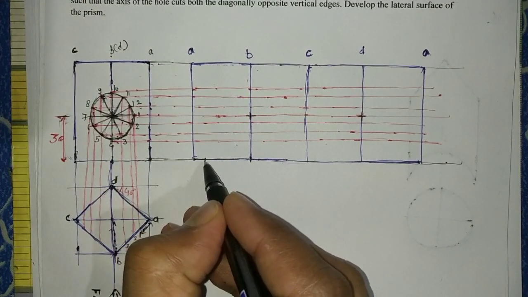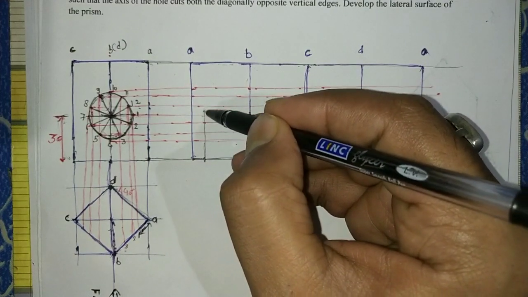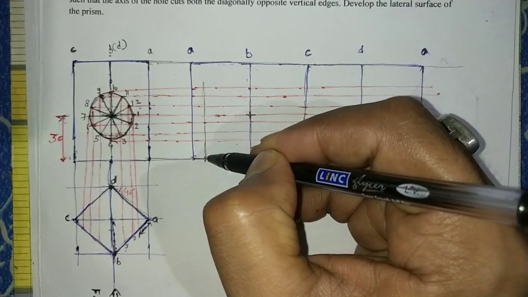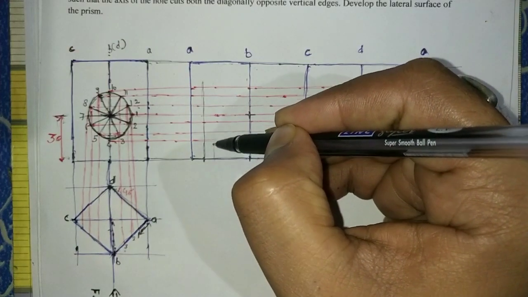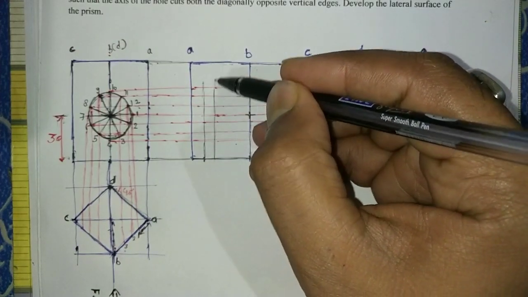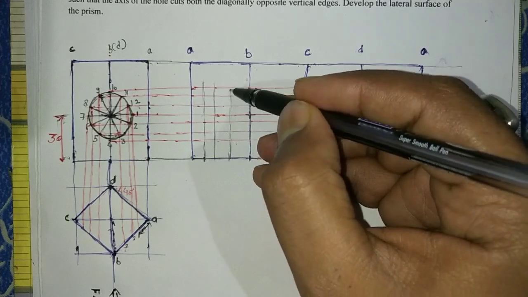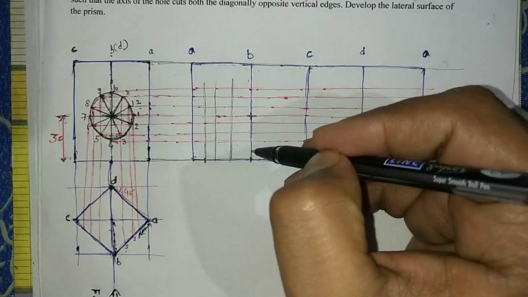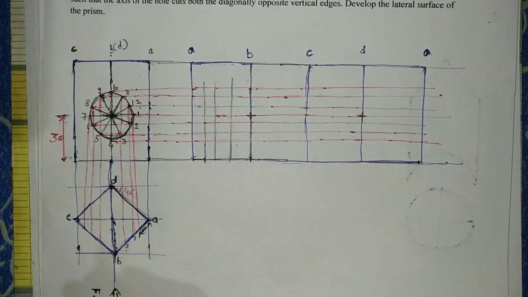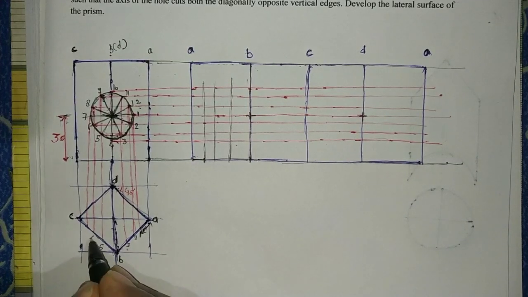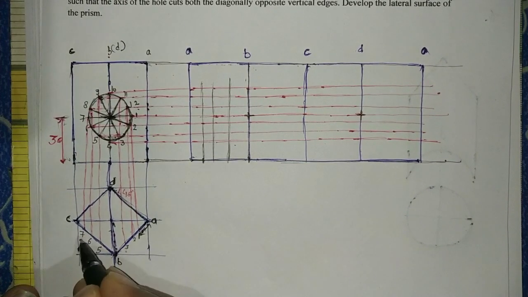So after measuring the distance we can project upward, then A to 2, after that A to 3, then the fourth point will come on edge B. Similarly this 4, then 5, 6, 7.